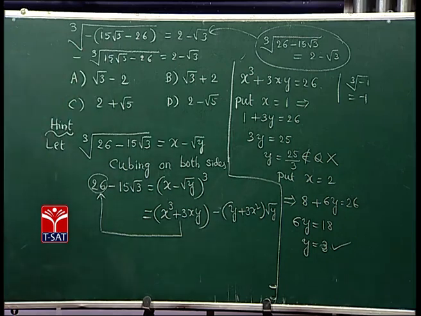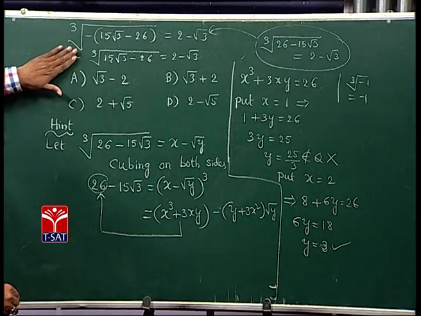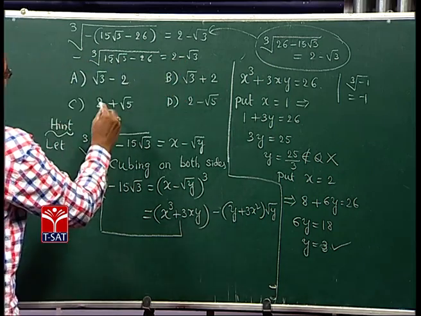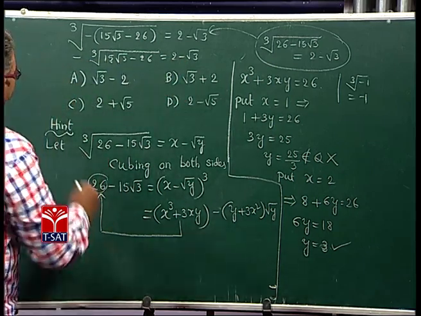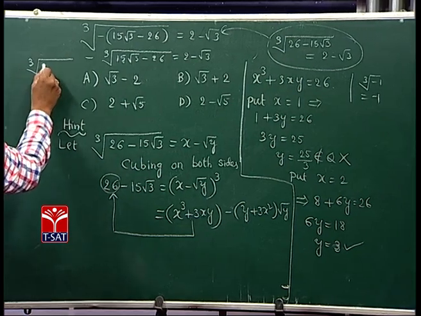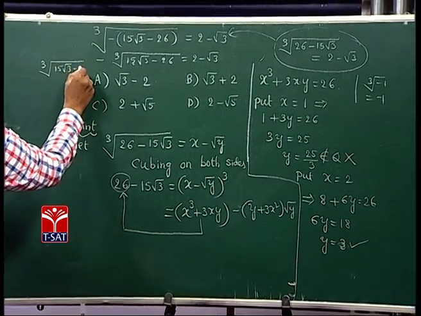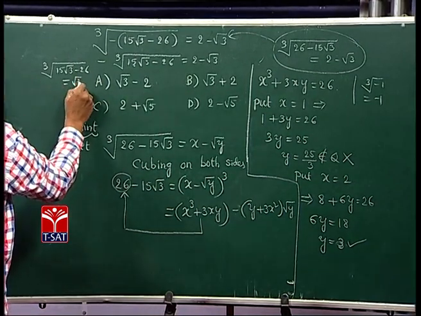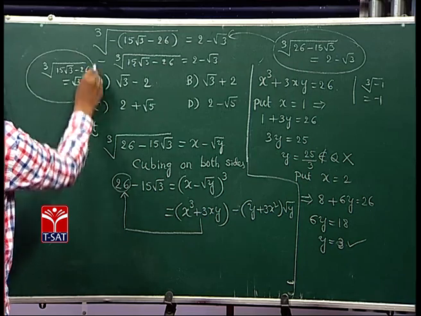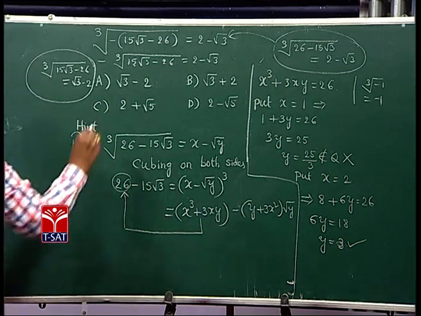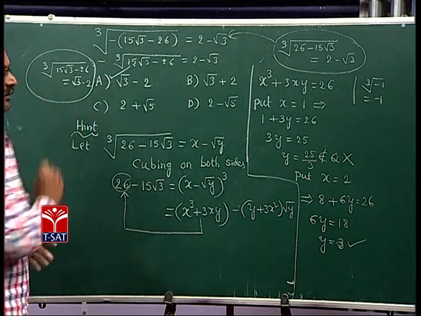Multiply minus sign on both sides. What do you get? This becomes plus, here minus 2 plus. So that means cubed root of 15 root 3 minus 26 is equal to, multiplying minus, root 3 minus 2. Which is the right option? Yes, A is the right option.